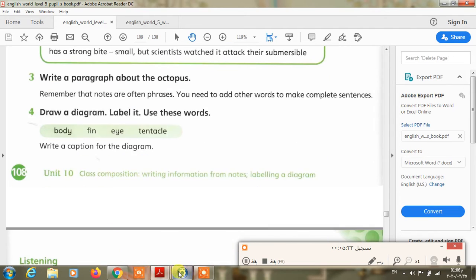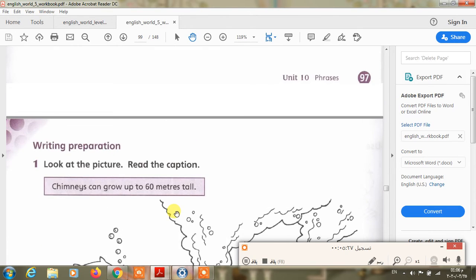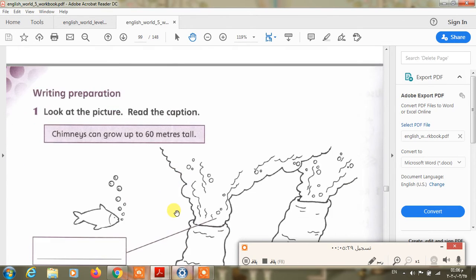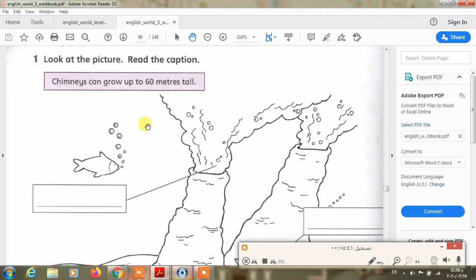Your homework will be on your workbook page 98. Write a preparation, look at the picture and read the caption. Chimneys can grow up to 60 meters tall.